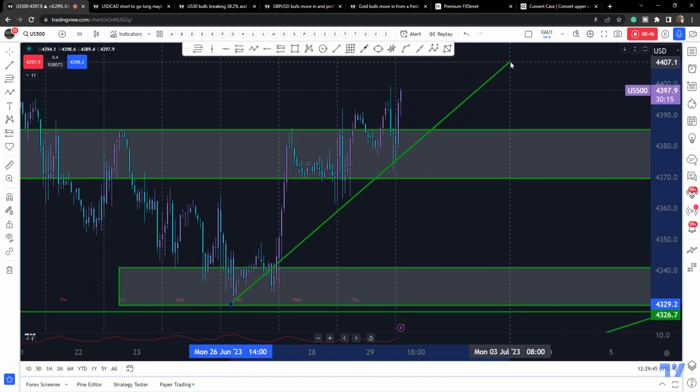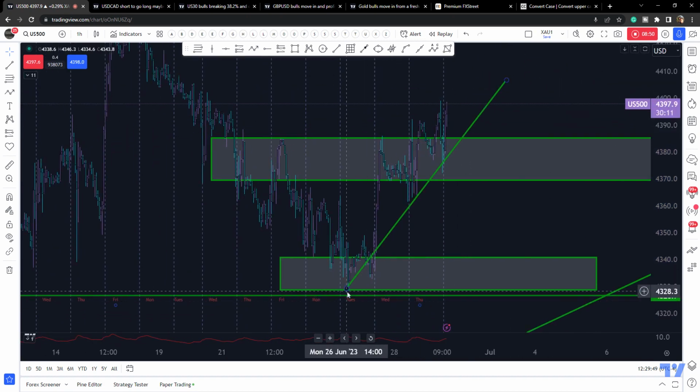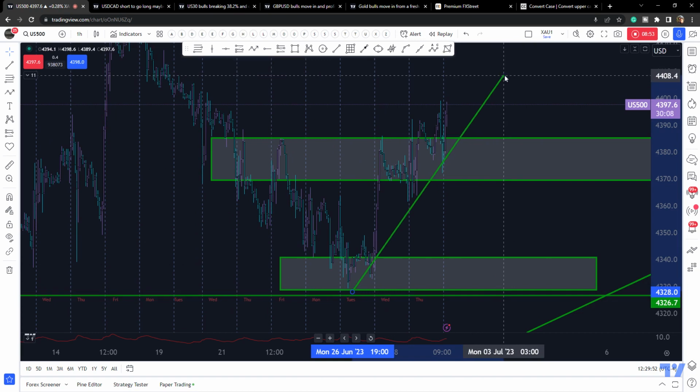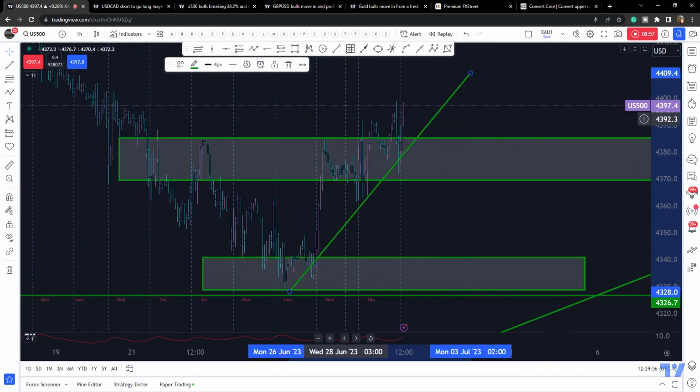So this is the current trend on the hourly chart. It's a bullish channel moving higher. Well, not really a channel, but it's a bullish trend.